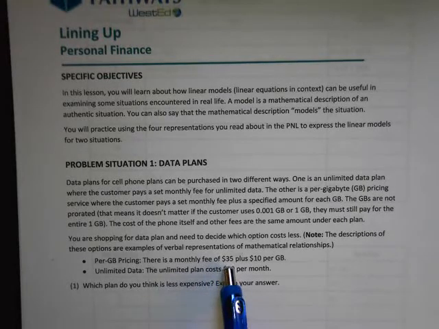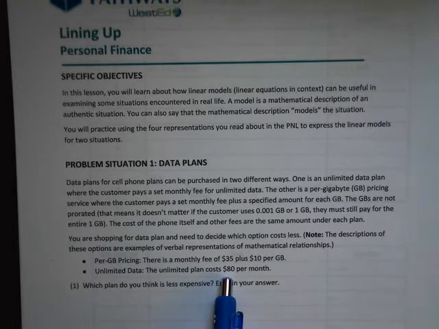If she's just using her cell phone to talk to her children, and she's not doing a lot of internet searches, this is probably the best one for her, right? But if you're my children who are on their phones all the time, they definitely wanted the unlimited plan, the 80 per month. So the answer would have been, it depends on how much you use your phone.